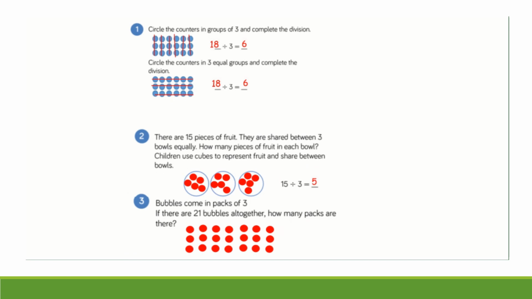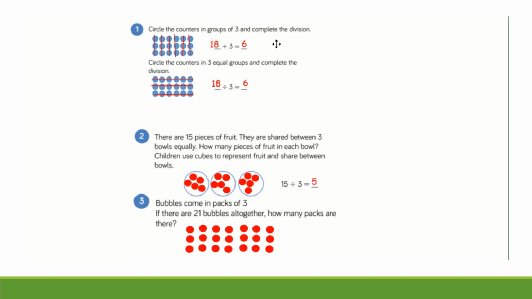Let's take a look at the answers for the second sheet. Number 1 asks you to circle the counters in groups of 3. So we needed to put them into groups of 3. And we can see they're in groups of 3, and there were 1, 2, 3, 4, 5, 6. So there were 6 groups, so there were 18 altogether. Divided by 3 equals 6.